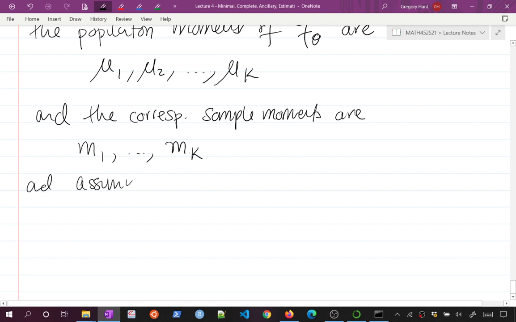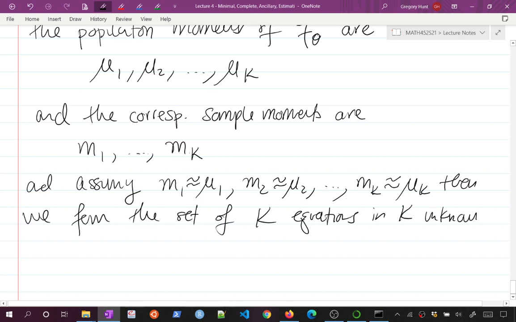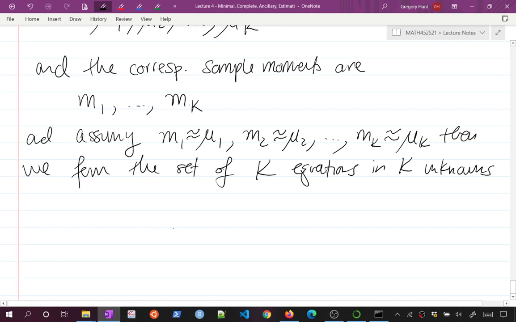Basically, the method is going to assume that m1 is approximately mu1 and m2 is approximately mu2 and so on, and mk is approximately mu k. Then we form the set of k equations in k unknowns, where we set m1 equal to mu1.